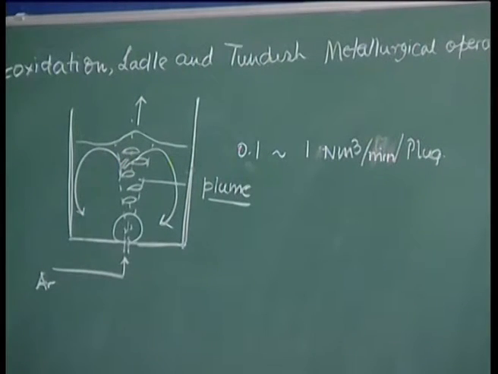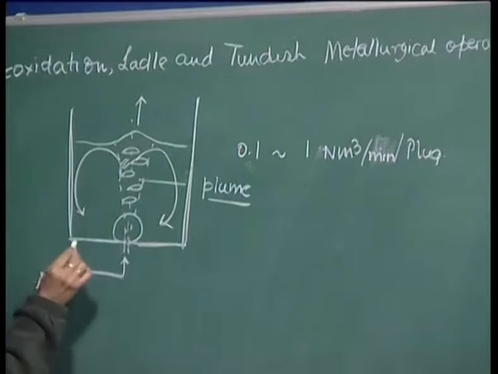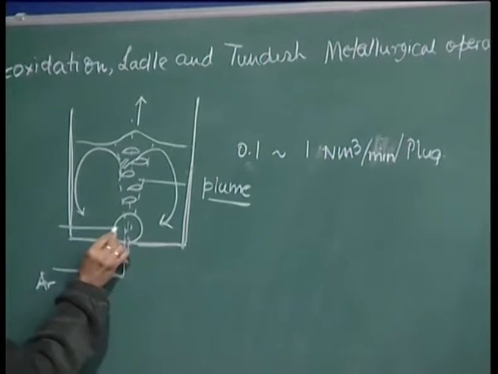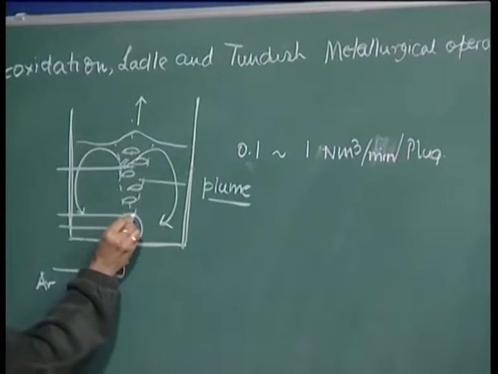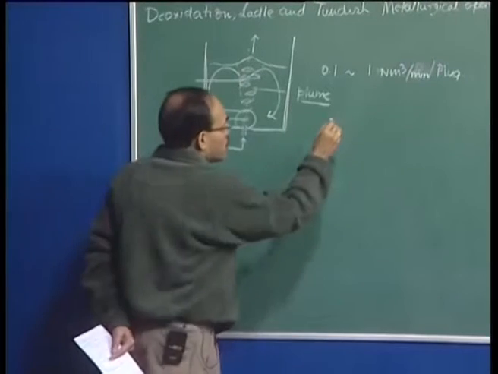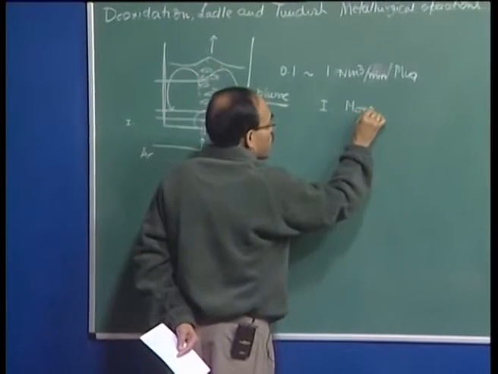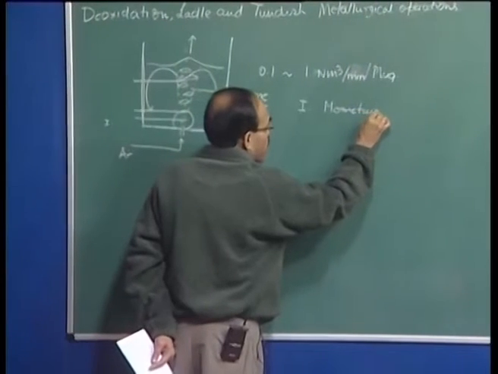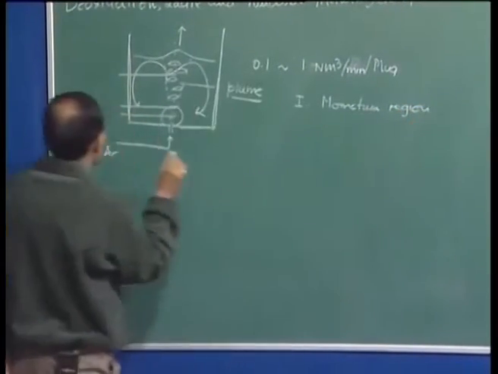Now, if we further look at the ladle, the two-phase region is basically divided into four different regions. Region 1 is typically called the momentum region. Here the momentum of the gas is substantially larger.